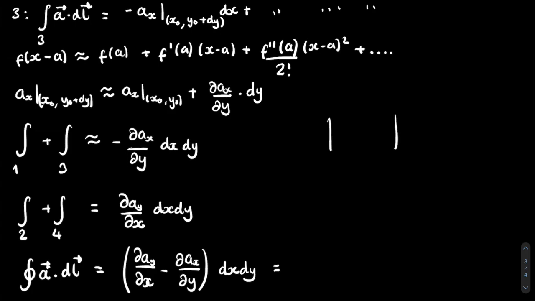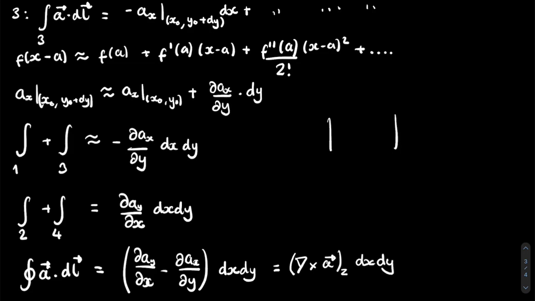So this in fact is the curl of A, but only the z component of the curl of A. So this is in itself just a scalar quantity. It's the z component of the curl of A right there. I hope you remember, you can see that is one and the same thing. It's one of the terms when we take the curl of A, all multiplied by dx dy.